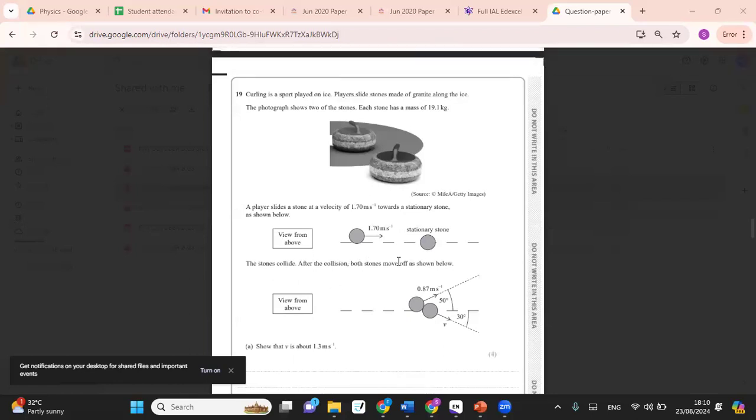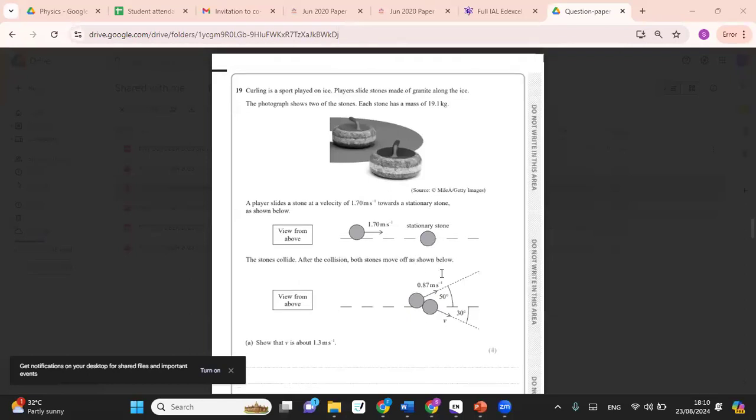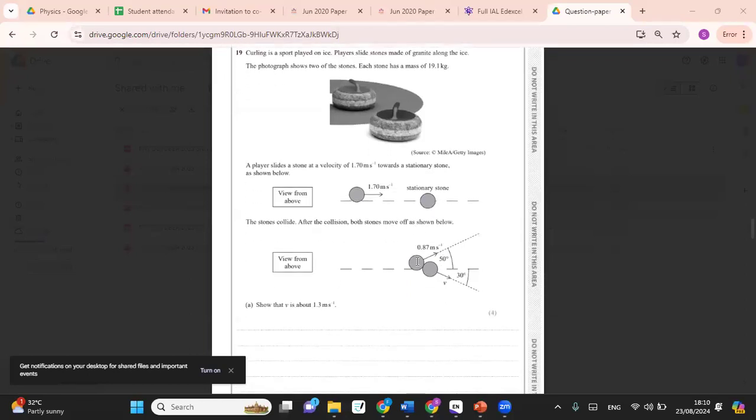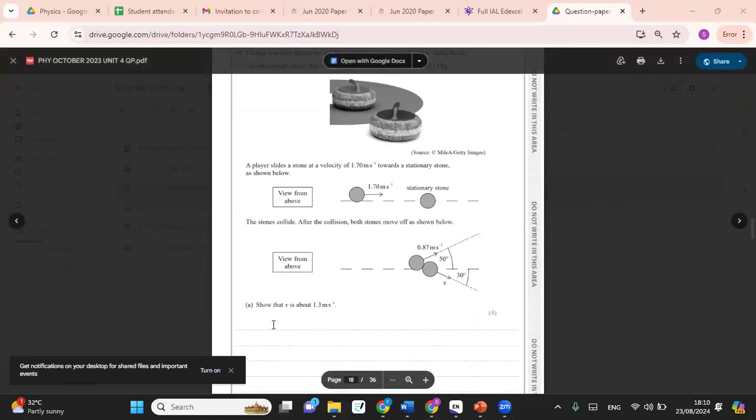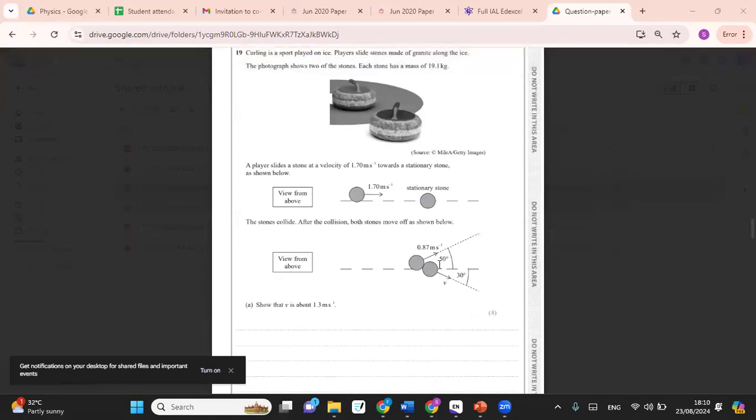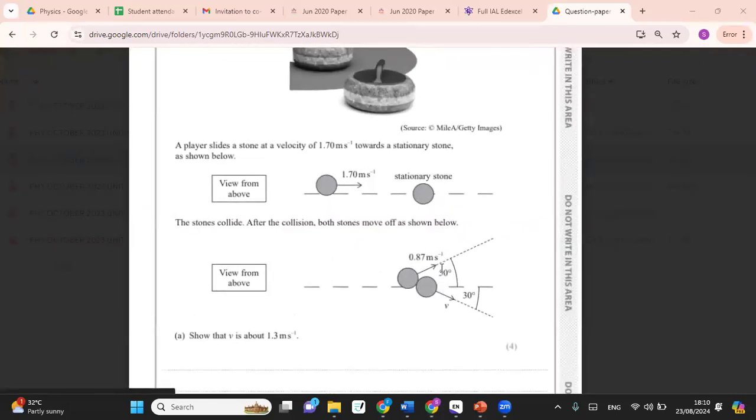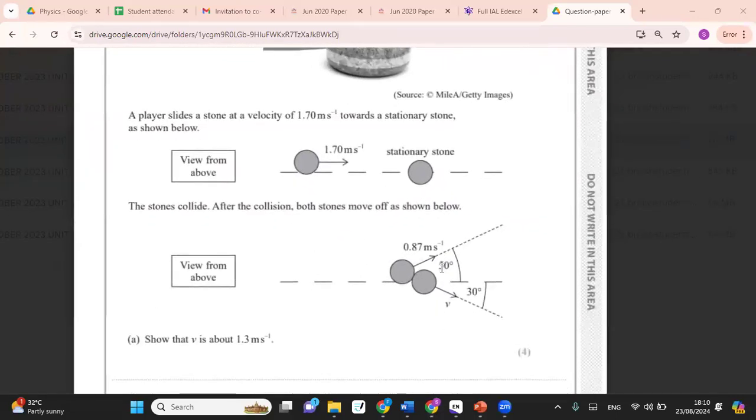After the collision, both the stones move off as shown below, in completely different directions, and at different angles to the horizontal. They're saying show that our velocity v is about 1.3 meters per second.